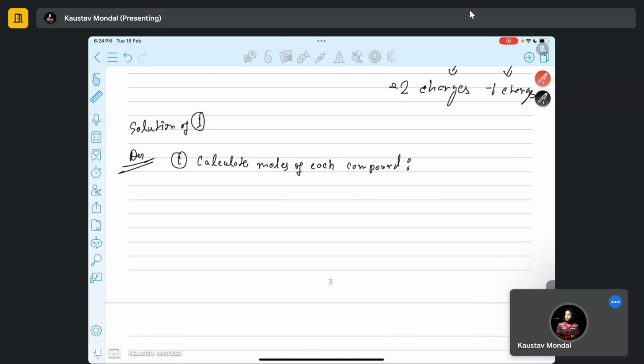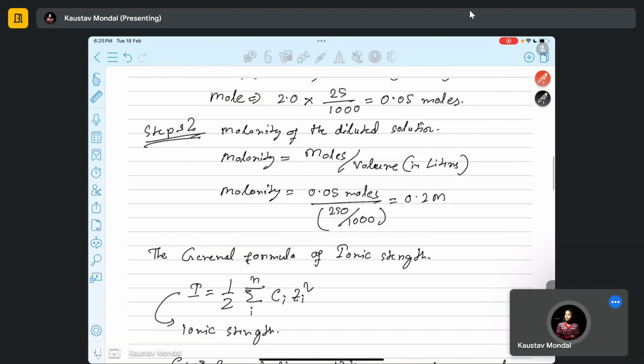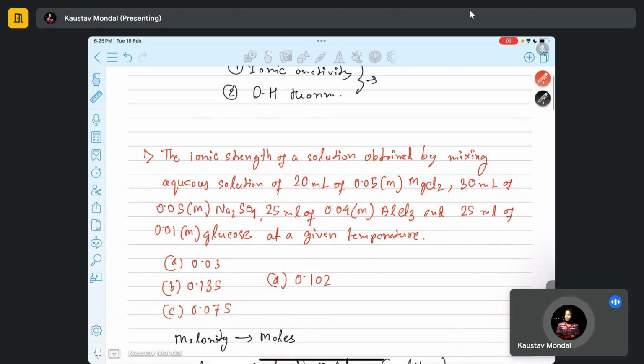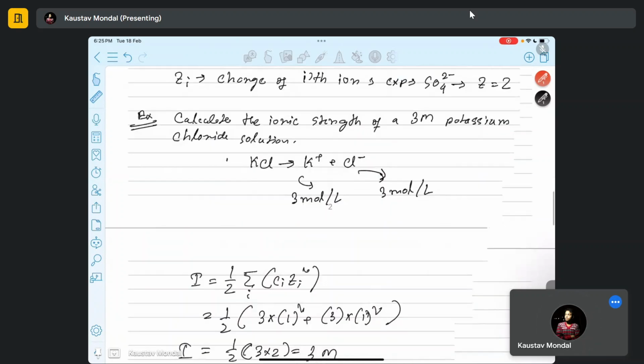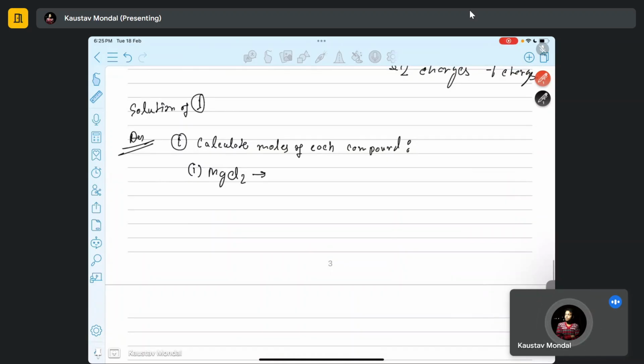So first is MgCl2, right? MgCl2 is 20 ml of 0.05 M. So in terms of moles, it should be 0.05 into 20 by 1000, right?